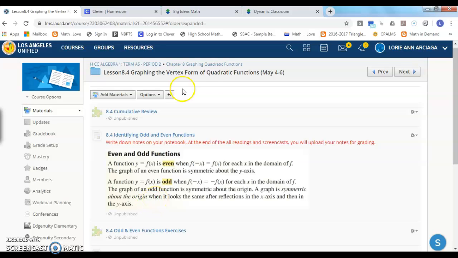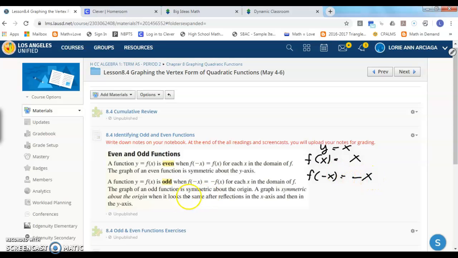For example, let's take a look at the function that is linear. Let's say f of x is equal to x. So this is the same as y equal to x, right? Which is the linear function. So if I change the x to negative x, this will become negative x.